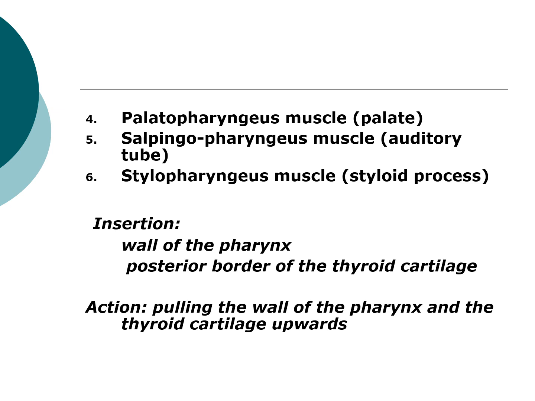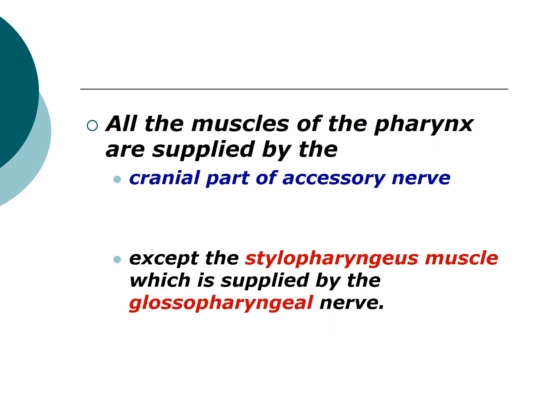In order to know the action of any muscle, you pull the insertion towards the origin. All the muscles of the pharynx are supplied by the cranial part of the accessory nerve, except the last one, the stylopharyngeus. The stylopharyngeus is supplied by the glossopharyngeal nerve. The glossopharyngeal nerve is cranial nerve number 9.